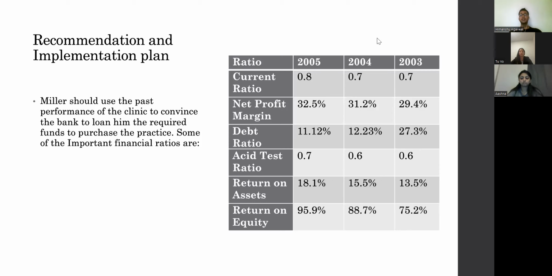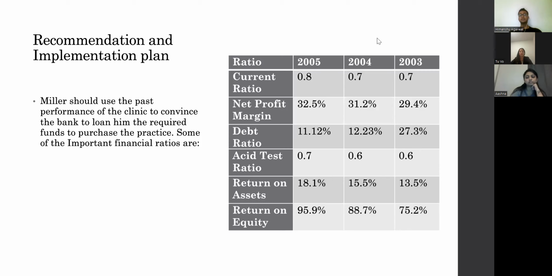Return on equity indicates the profitability level of a company and measures how much the shareholders have earned for investing their money in the firm. Return on equity for the clinic has increased significantly over the previous years, an indication that the clinic's management was efficient in utilizing its equity base for better returns to its investors.